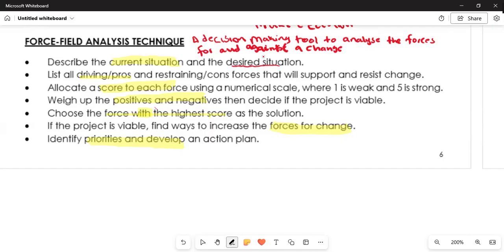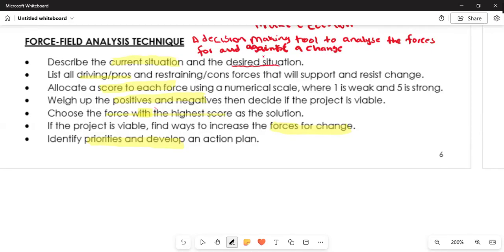So the second point says, list all driving or pros and restraining or cons forces that will support and resist change. With this one, we are told to list all the driving, or pros, and restraining, which is cons.